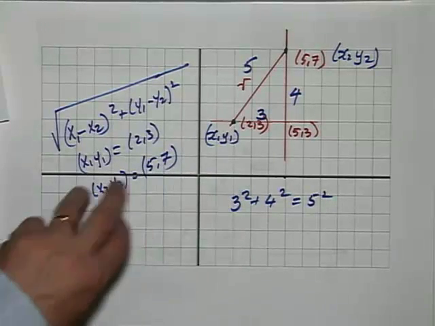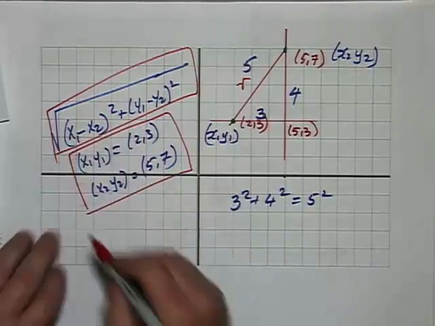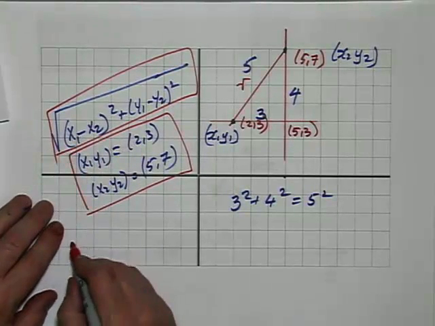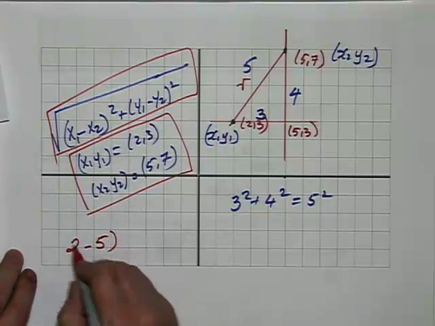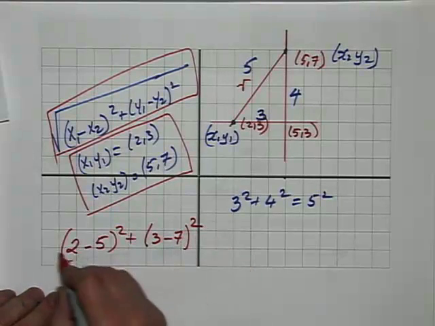We just take the time to transcribe one into the other. So x1 is 2, so that's 2 minus x2 is 5, plus y is 3 minus 7 squared.